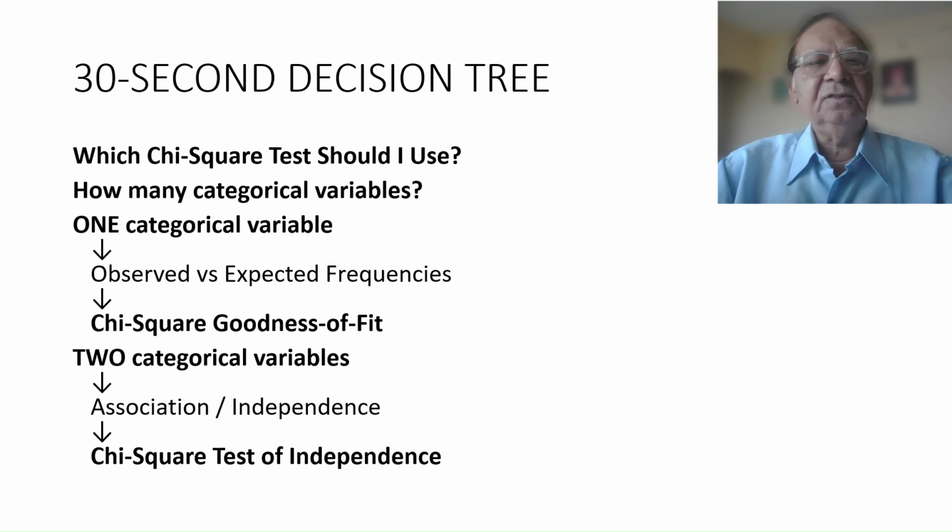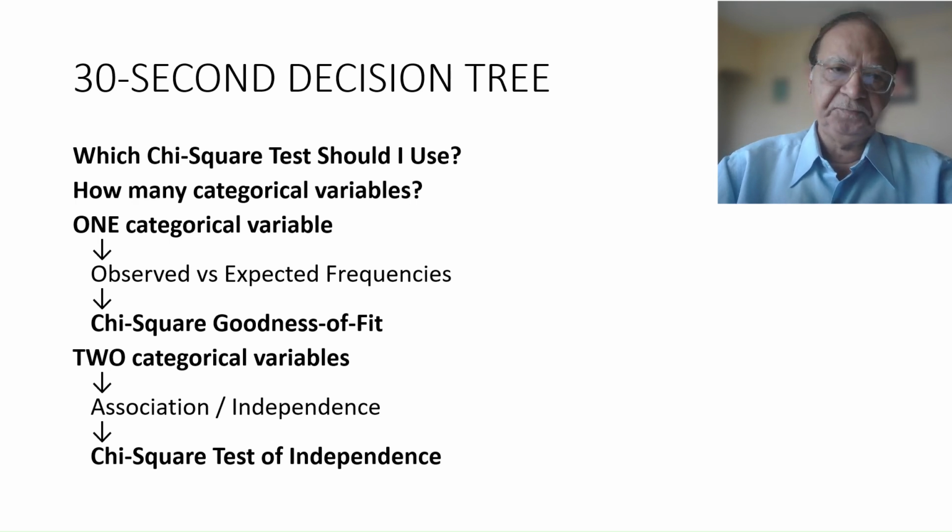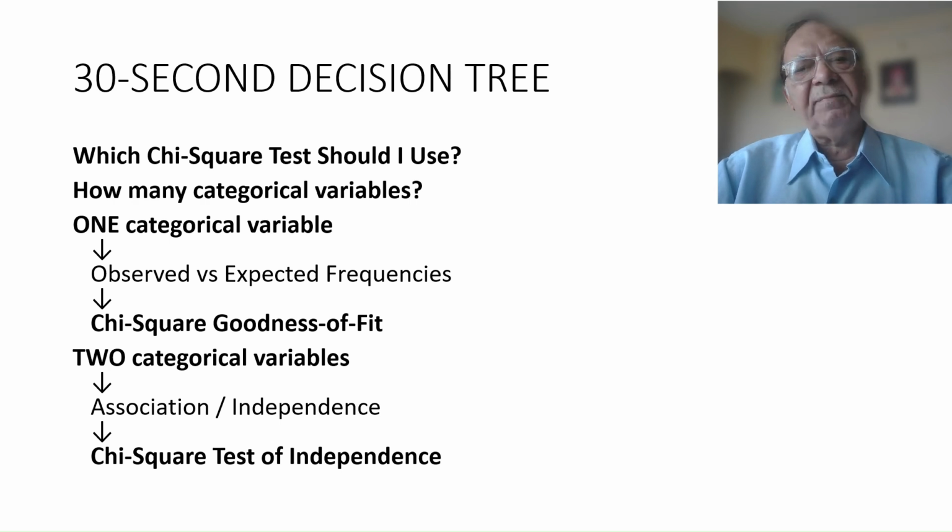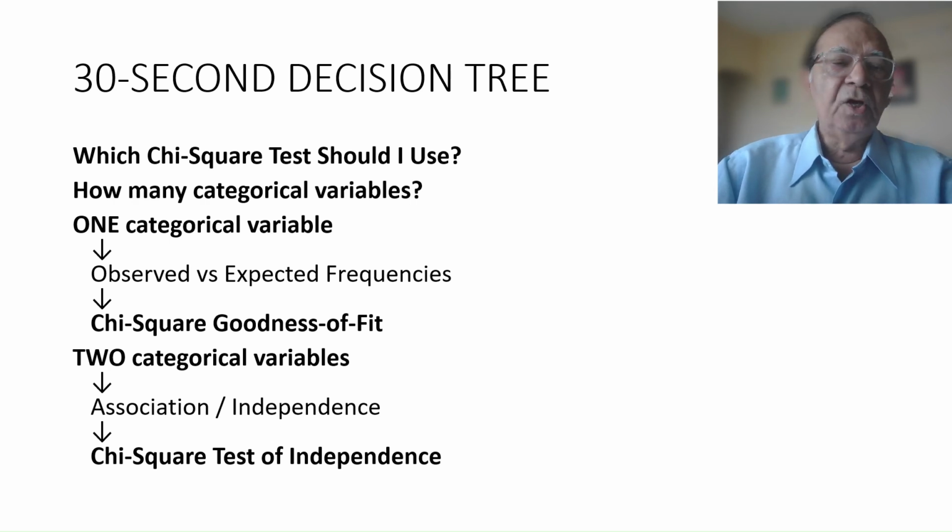If there are two categorical variables and your objective is to test whether they are associated or independent, use the chi-square test of independence. This distinction is extremely important. One categorical variable, goodness of fit. Two categorical variables, test of independence.